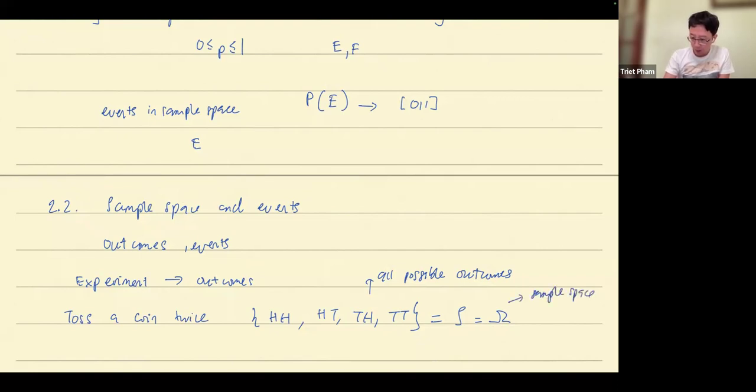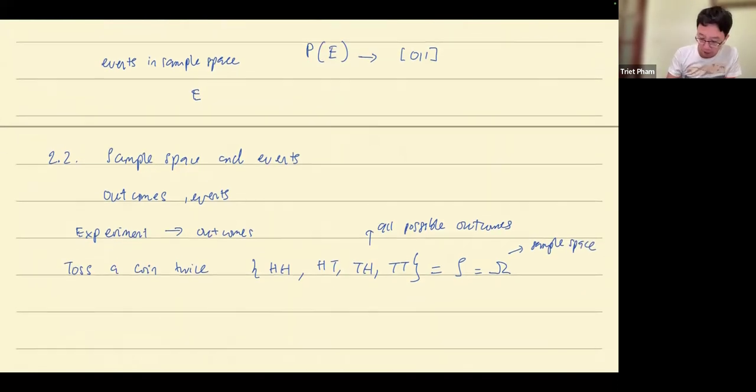Of course, an outcome is an event, okay? So you can put a probability on the outcome. And how do we do that? Well, if we think of all the outcomes as equally likely, then the probability of an outcome is just 1 over the number of outcomes. That's where combinatorics comes in, to tell us how many outcomes there are.